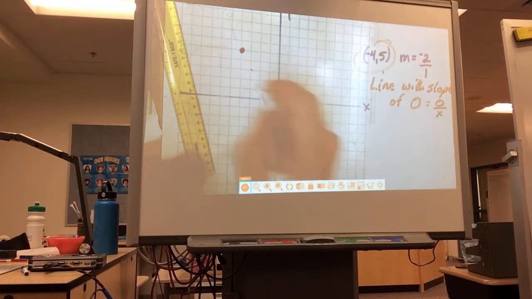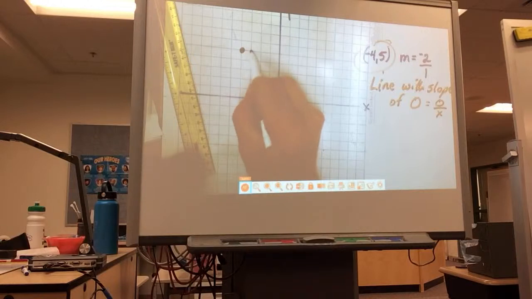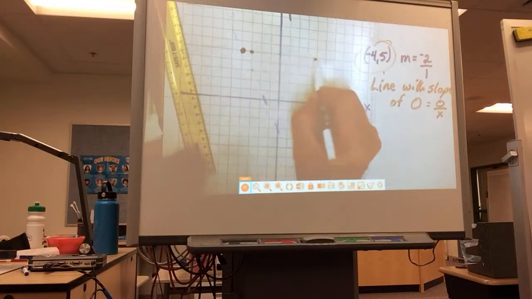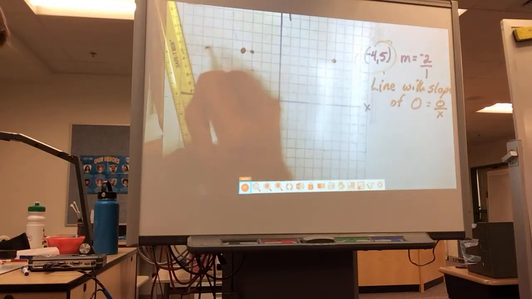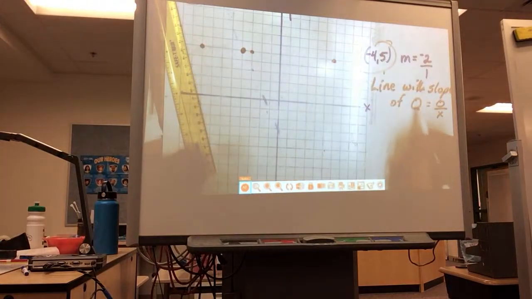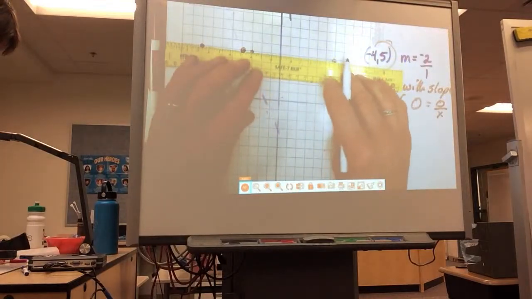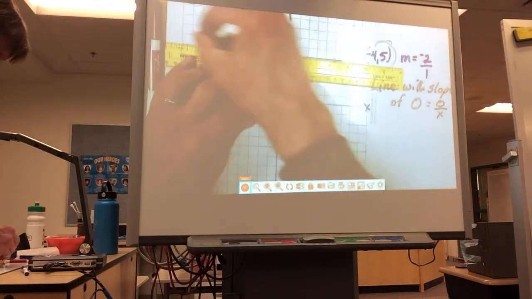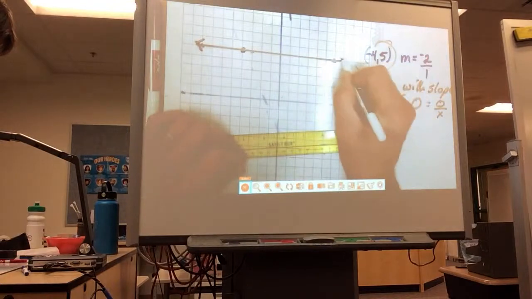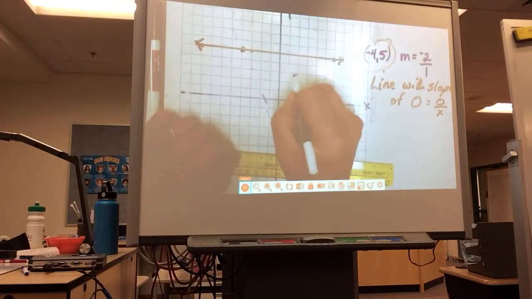So you have a rise of 0, and the run could be 1 to the right. It could be many to the right. It could be to the left. So what we're saying here is that the rise is nothing. So when we have a slope of 0, that's going to be a horizontal line.